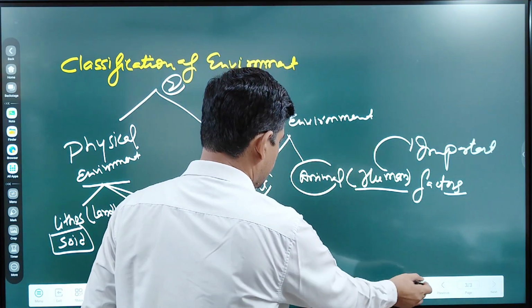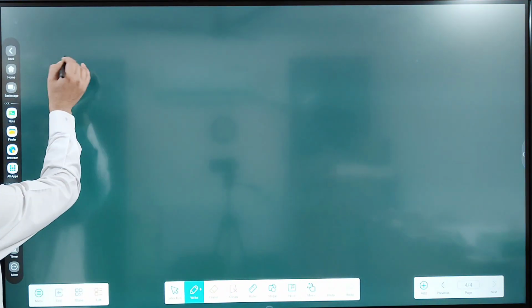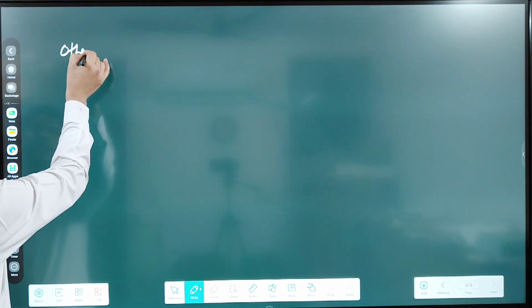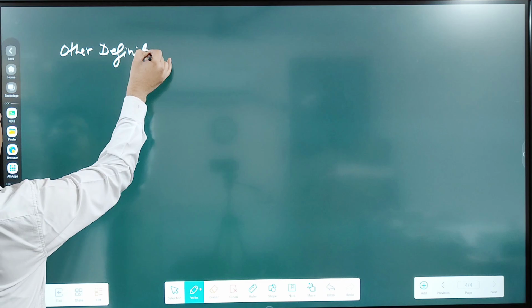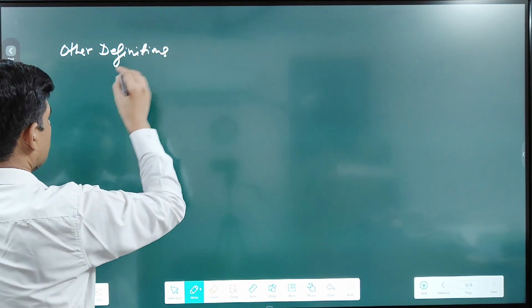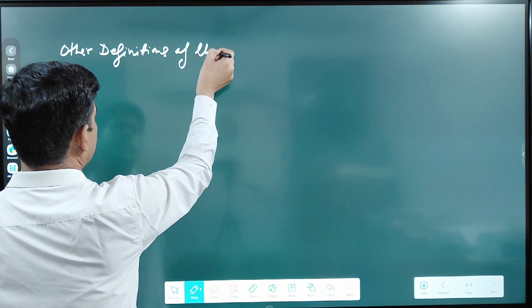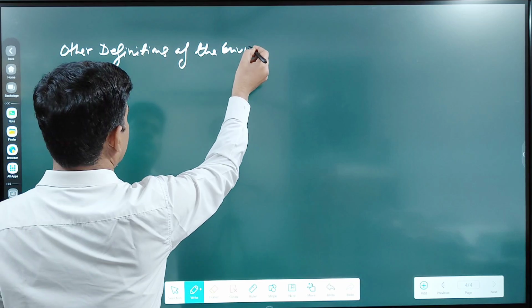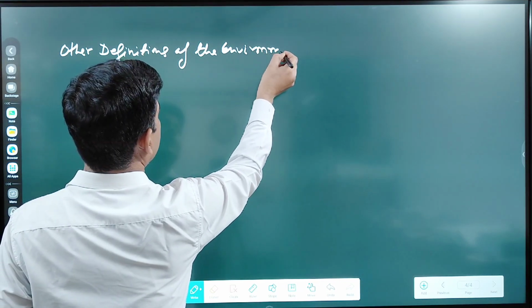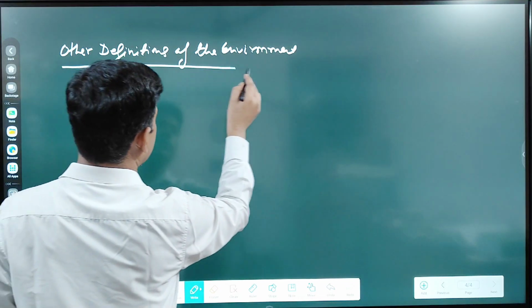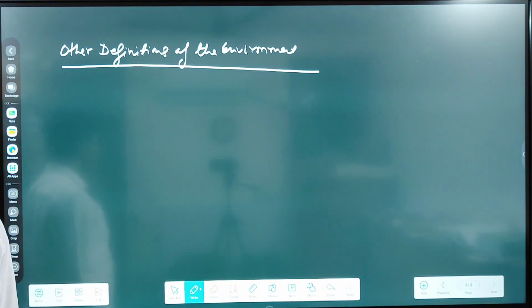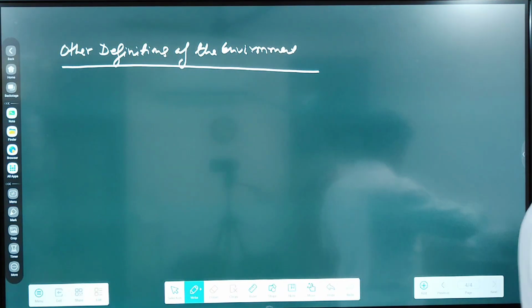So other definitions of the environment. Other definitions of environment. 1 minute.